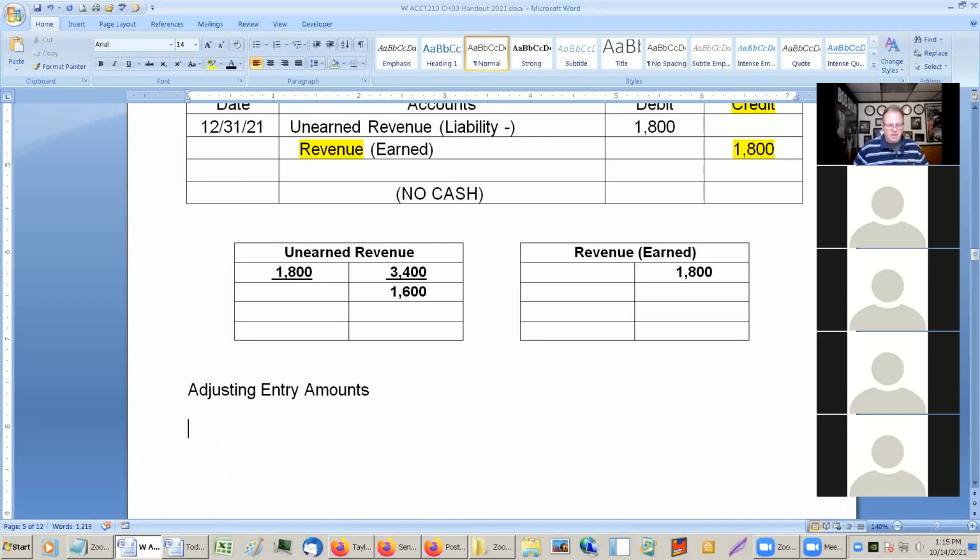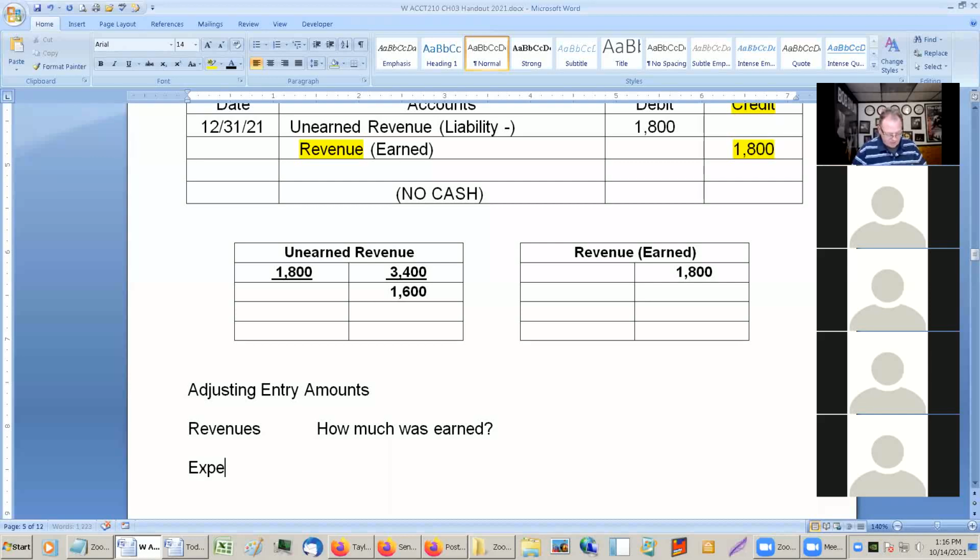Adjusting entry amounts. I should put this somewhere up earlier. If there are revenues, it's how much was earned.